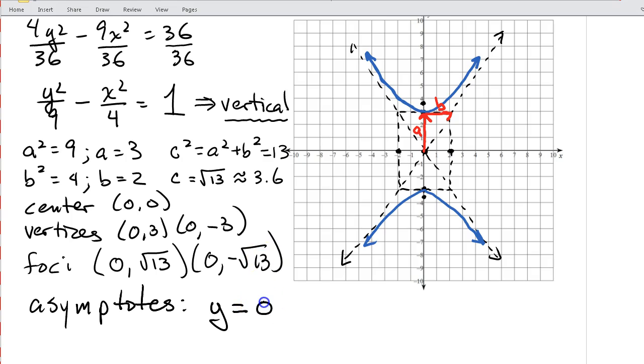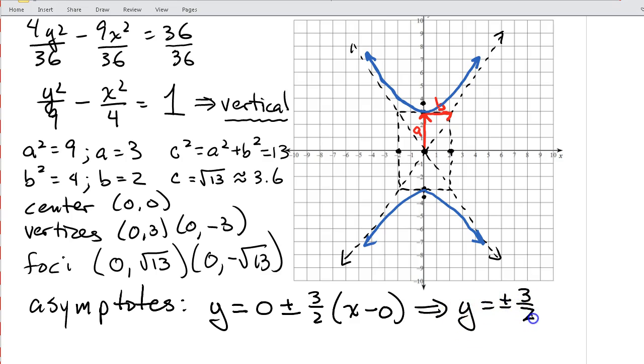So I'm going to put that in just so we see where it's coming from, and then I'll simplify. Plus or minus, and then I figured out we have a rise over run b, so a over b is 3/2. And then I have x minus h, so x minus 0. And then this is going to simplify to y is equal to positive or negative 3/2 x. And those would be my two asymptotes.